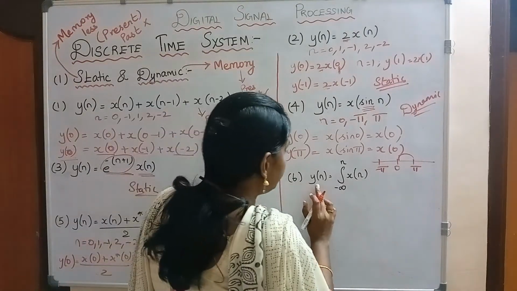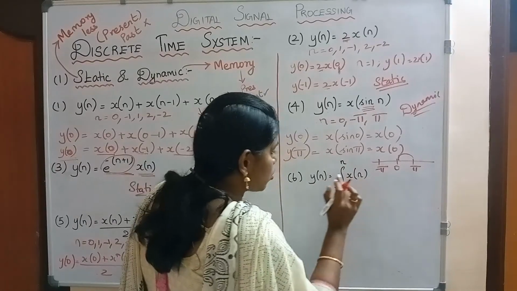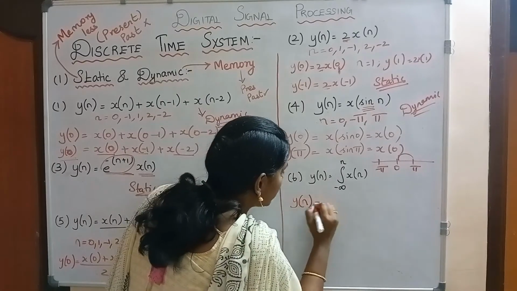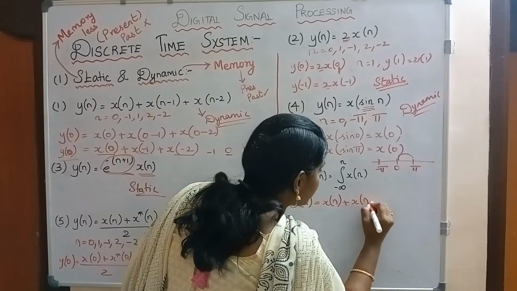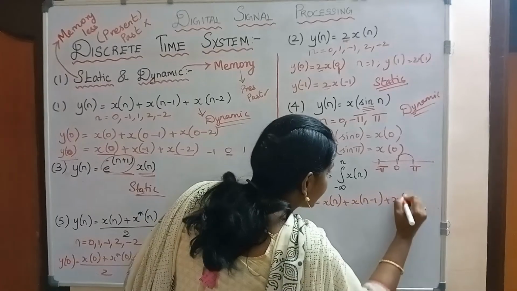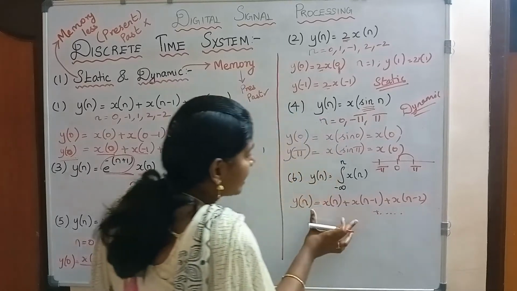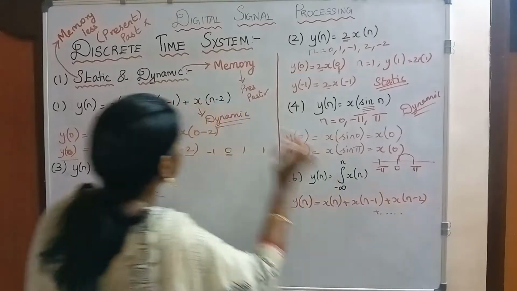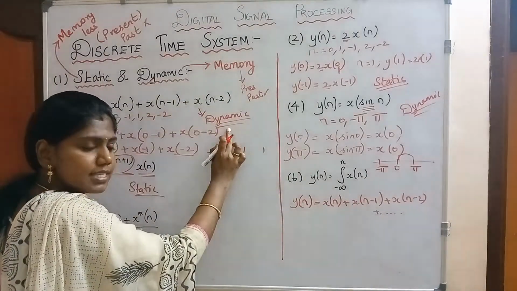Now the final sum, y of n equal to the sum from minus infinity to n of x of n. We can write this as y of n equal to x of n plus x of n minus 1 plus x of n minus 2, and it goes on like this, right? And this particular system equation is similar to problem number 1, and we had concluded this is a dynamic system, right?